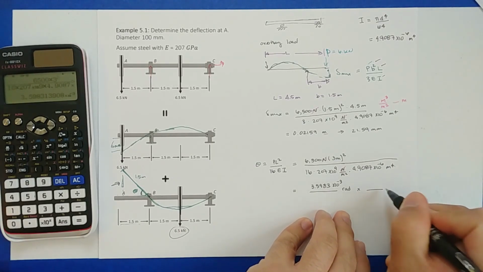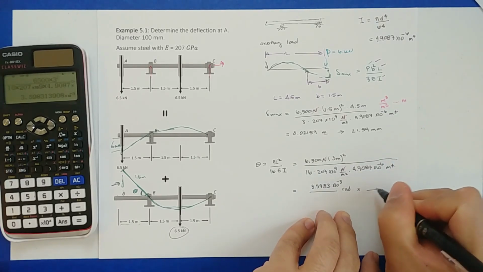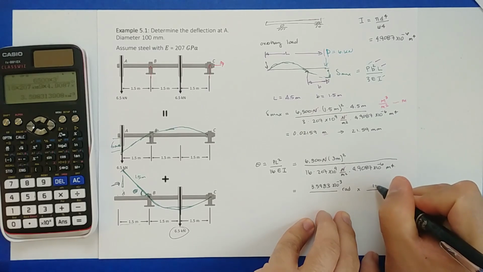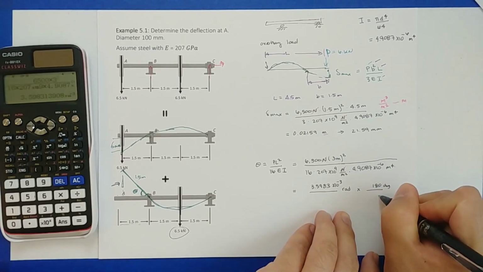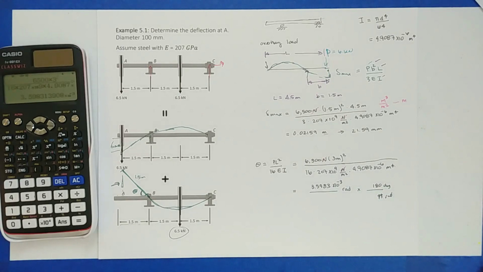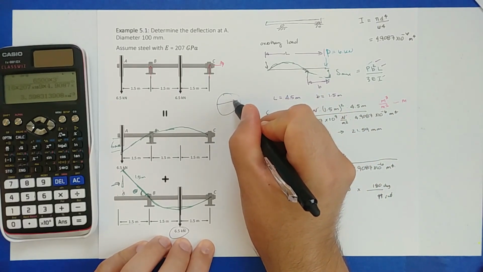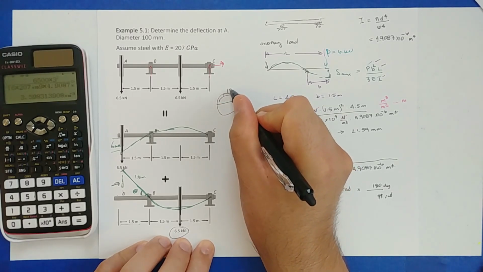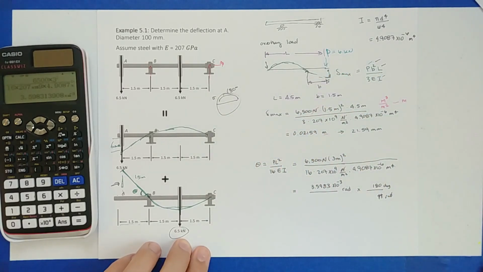Or we can convert this number to degrees, right? We can convert radians to degrees because we know, for example, that there's 180 degrees in pi radians. So 1 pi is 180. Remember when we have a circle, right? From here to here is 180 degrees, or just pi. A full circle is 2 pi or 360.